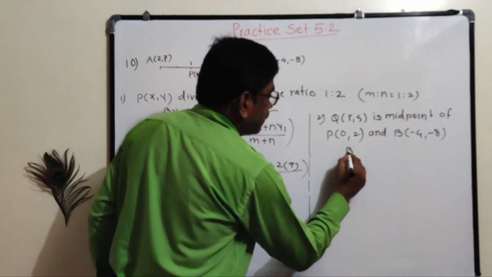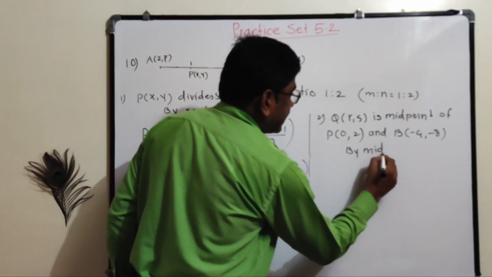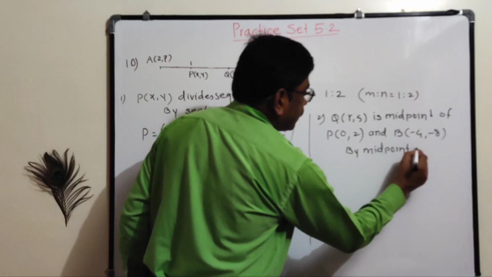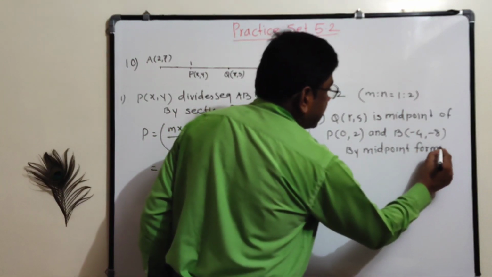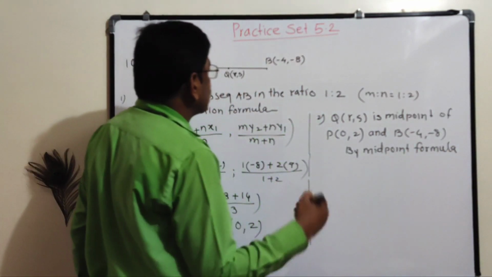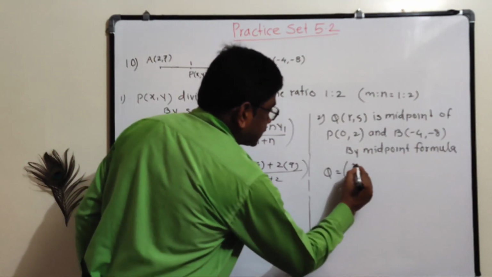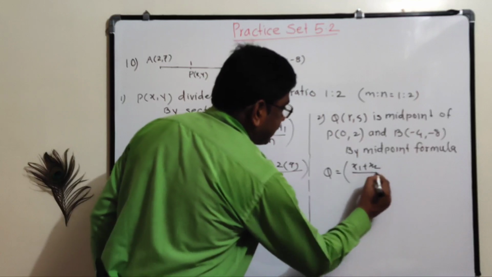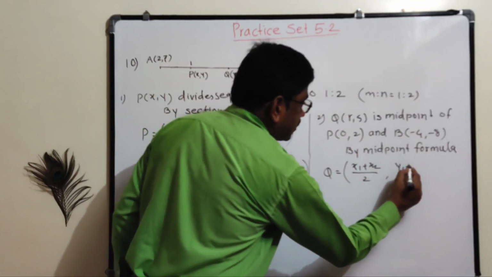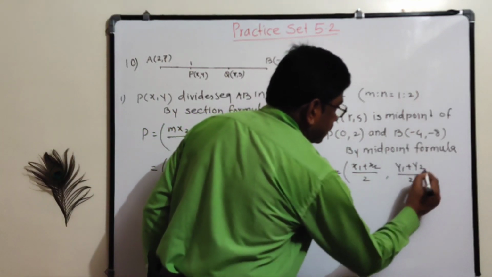So by the midpoint formula we get the coordinates of Q. Q is equal to (x1 plus x2) divided by 2, (y1 plus y2) divided by 2.